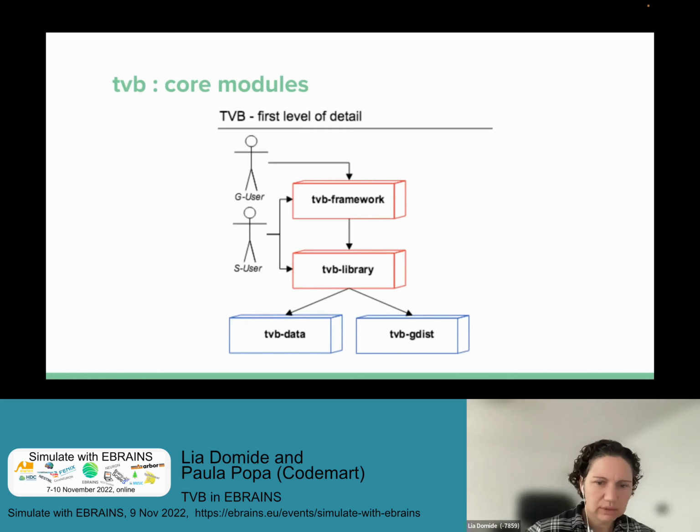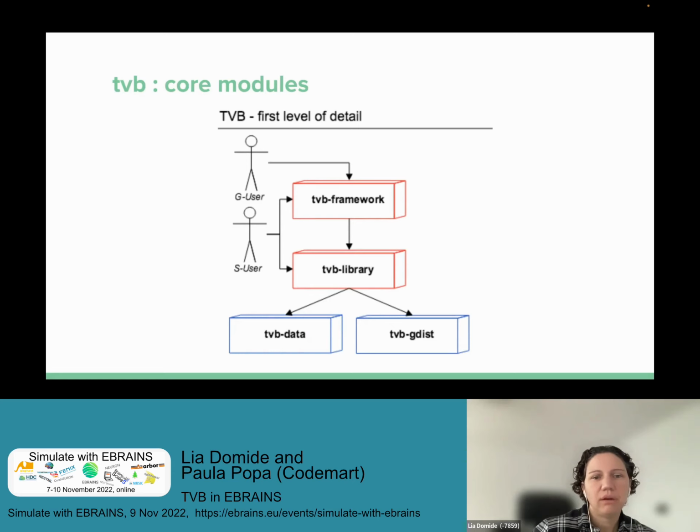They use at the bottom 2 smaller modules, one named TVB data and one TVB geodesic distance. I think the names are quite explanatory. They hold demo data for TVB, and the other one is computing distances on the surface.